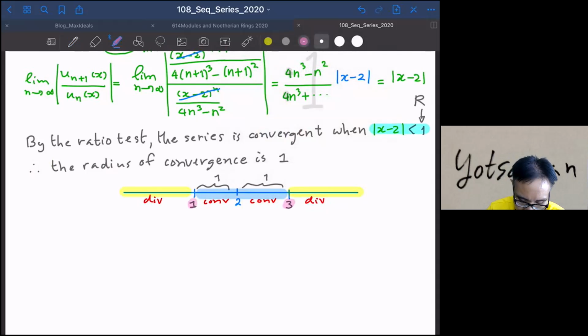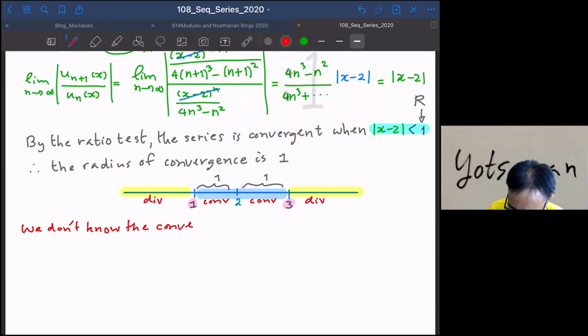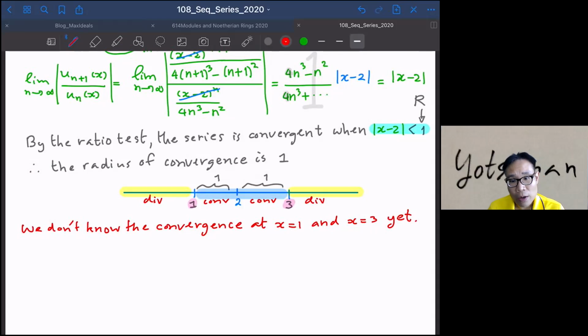We don't know the convergence at 1 and 3 yet, because the ratio test cannot conclude when the limit is equal to 1, which turns out to be the case when x is equal to 1 or x is equal to 3.